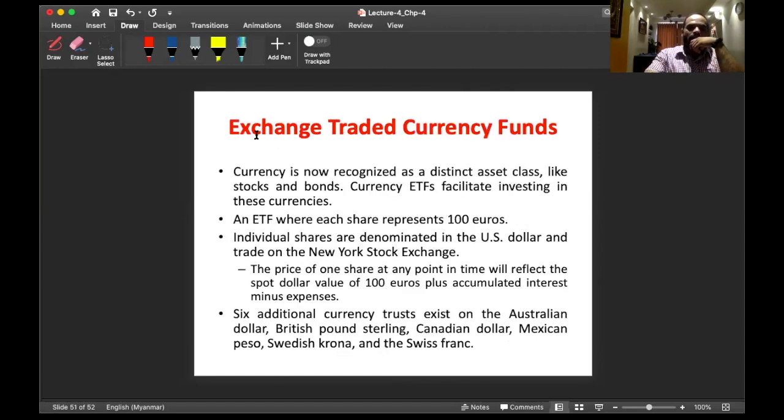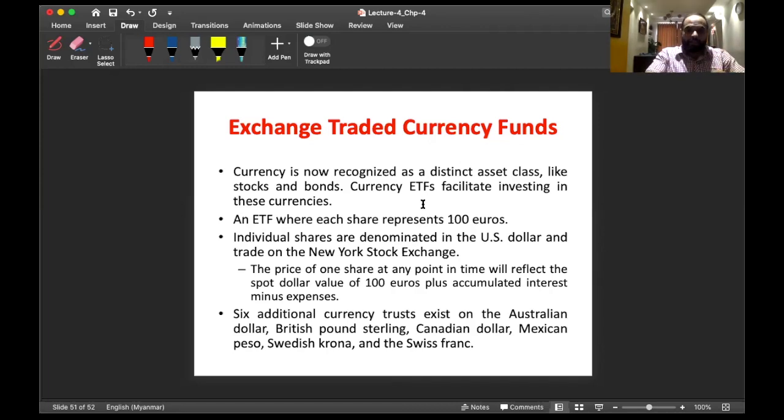Next is ETCF, exchange traded currency fund. An exchange traded currency fund is the same as a stock. One ETF equals one stock, but that stock is not a company stock price. That stock represents a lot of currencies, a currency lot.